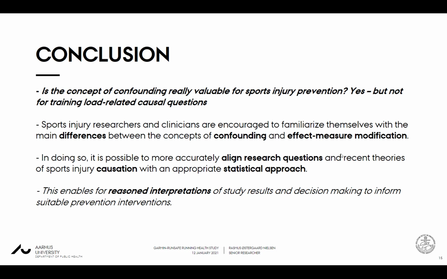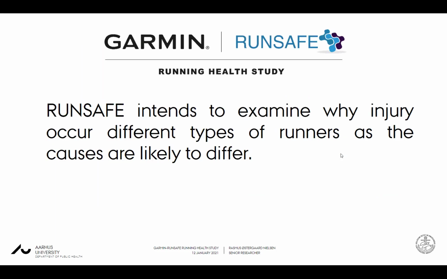So I hope this video highlights the need to clearly consider the analytical approach in running injury research, because we believe it's very, very necessary in order to examine why running injury occurs in different types of runners. These causes are likely to differ, and we need to take that into account.